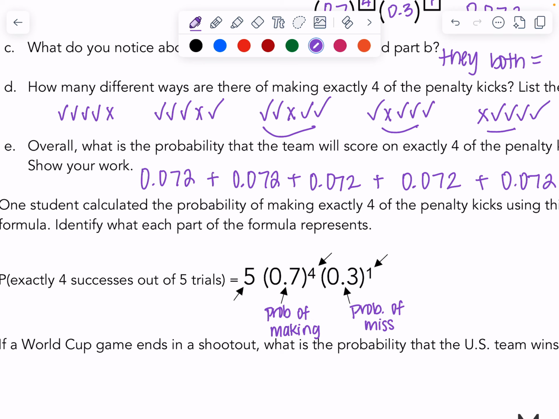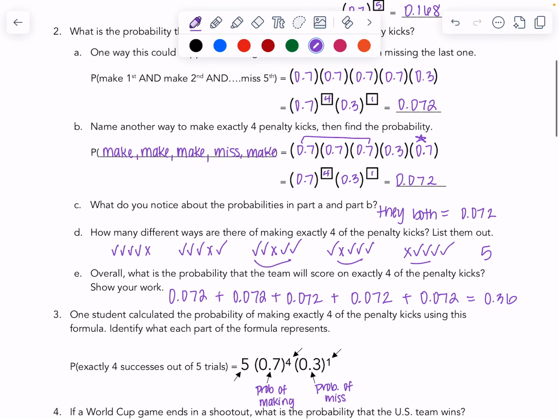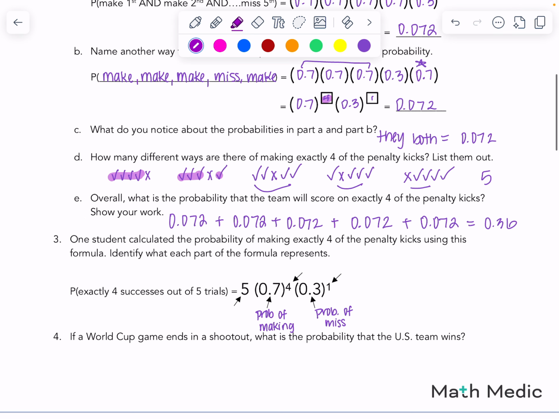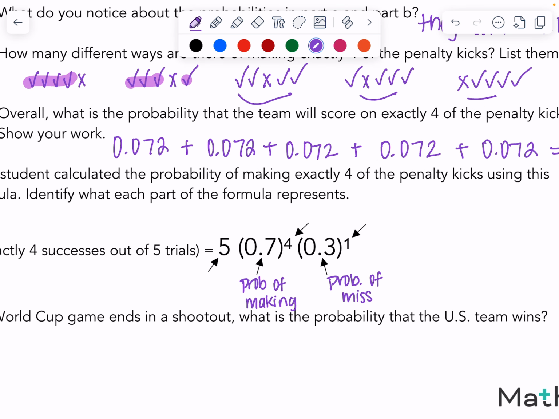Okay. The 4 represents, well, let's look at where we see 4. We see 4 here. We see 4 here. So what that is, is the number of makes.